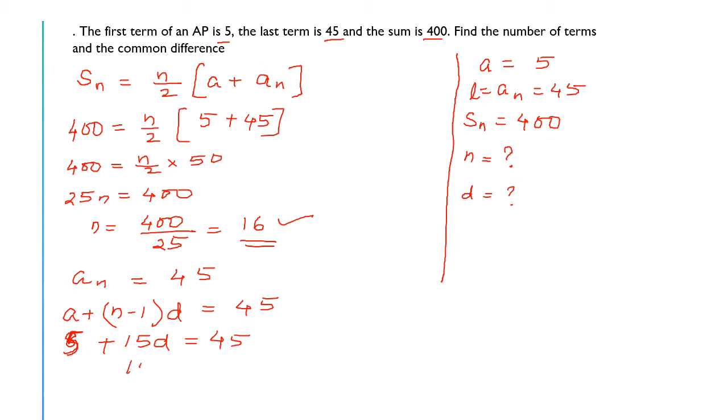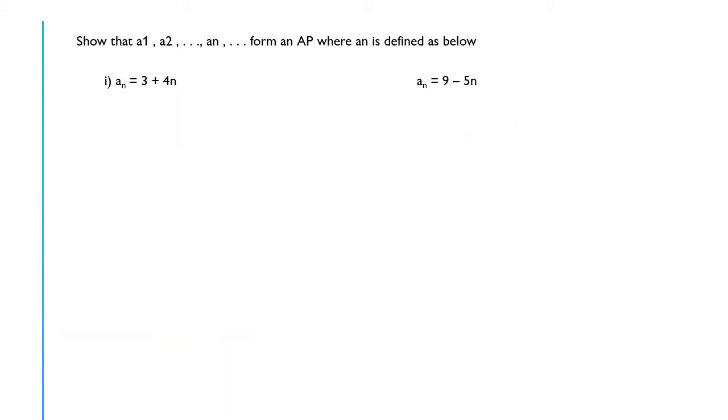Now what is 15d? 45 minus 5, that is 40. d is equal to 40 by 15. How much will you get? 3 15s are 45, so you get 2 point something. 2.66. Okay. Now let us move on to the next one.